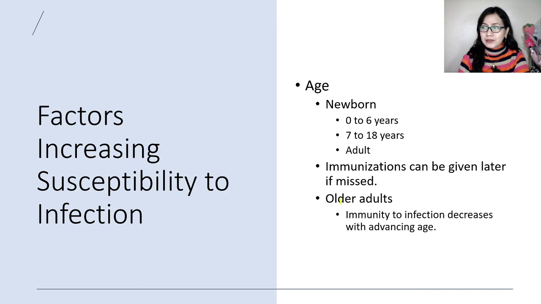While older adults, okay, their immunity to infection decreases with advancing age. So, for instance, the prevalence of influenza and the potential cause of death, okay, can easily happen to them. That's the reason why the Center for Disease Control recommends annual immunization for influenza.